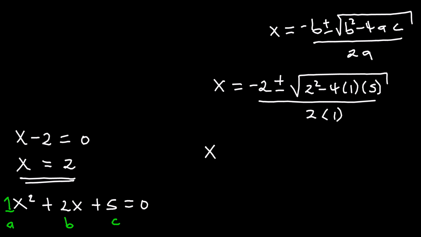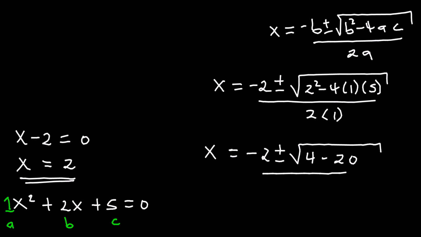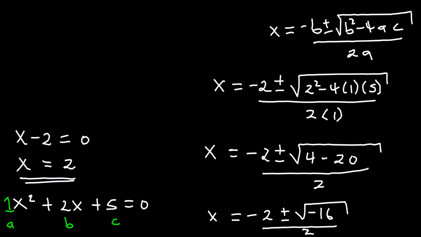So this will be x equaling negative 2 plus or minus the square root. Now 2 to the power of 2 will be 4 minus 4 times 5, which is 20, divided by 2. And so x will be equal to negative 2 plus or minus the square root of 4 minus 20, which is negative 16, divided by 2.